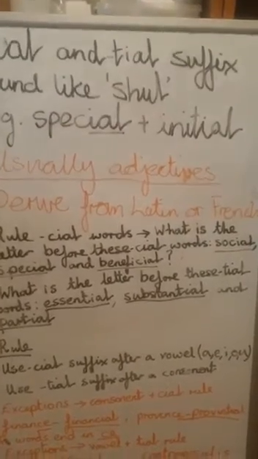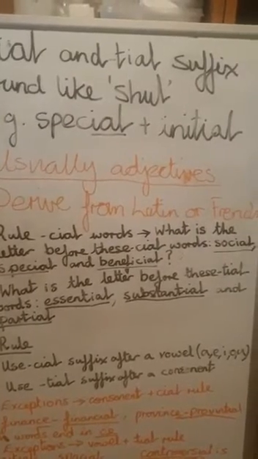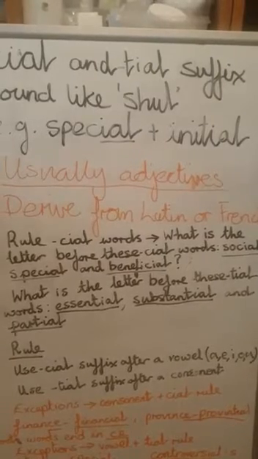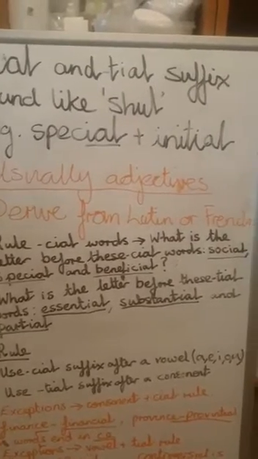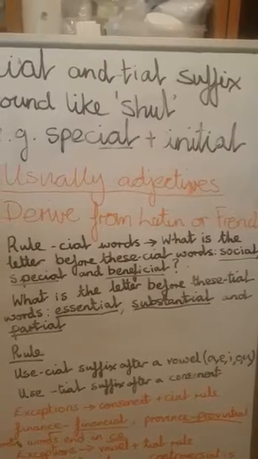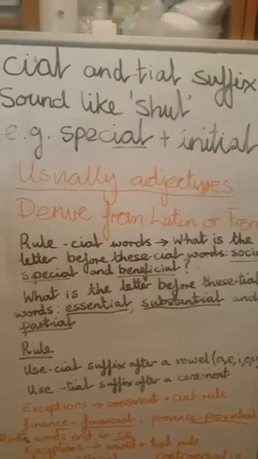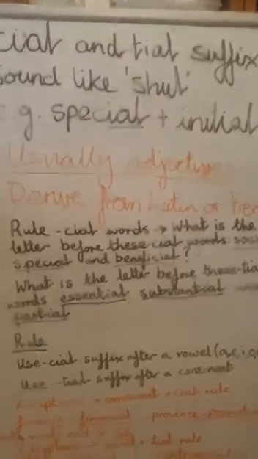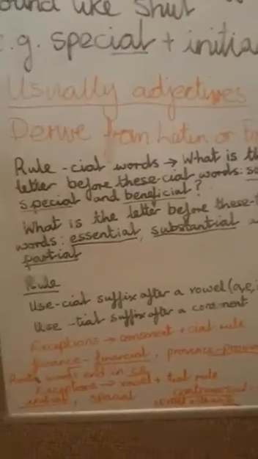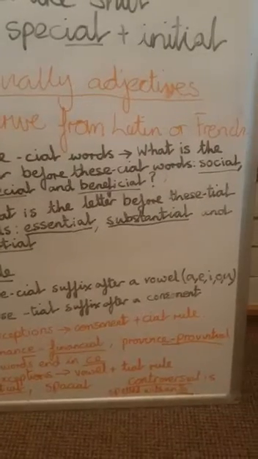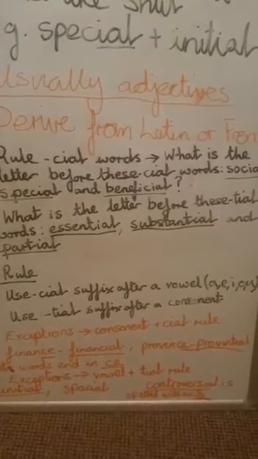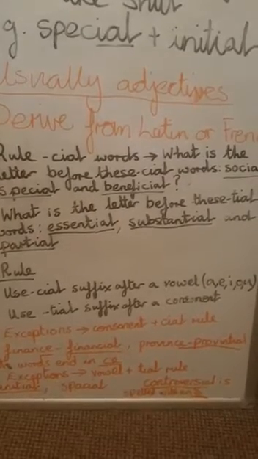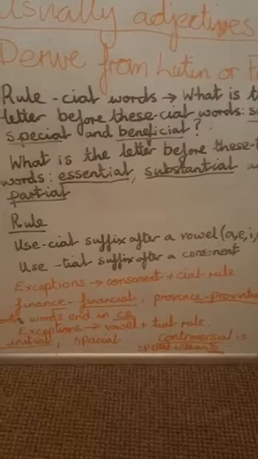If we look at the letter before these TIAL shull words, essential, substantial, and partial, you'll notice that they are consonants. So the rule is use the CIAL suffix after a vowel, use the TIAL suffix after a consonant.